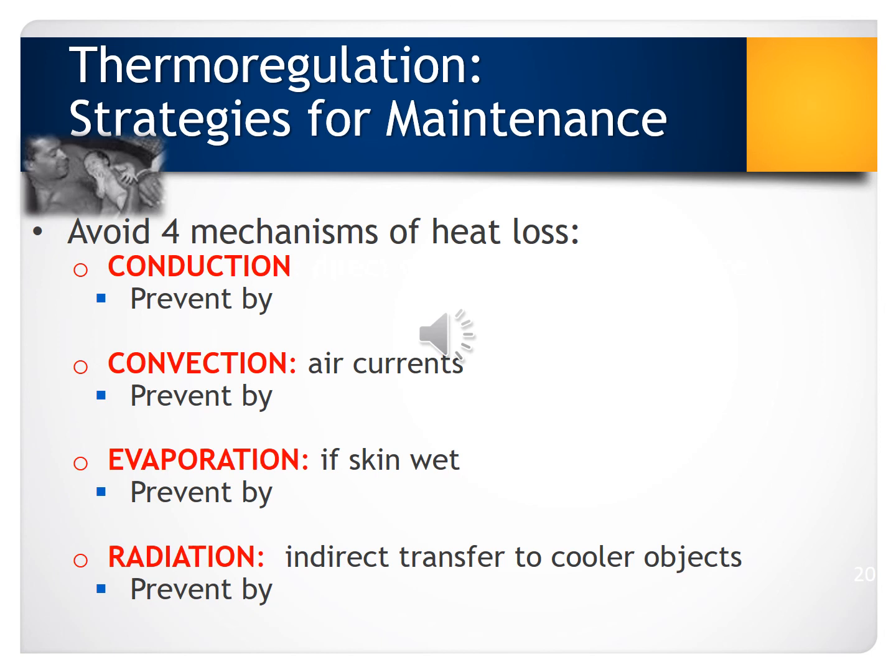Heat loss through convection, when the air is cool, it will pull heat from the newborn, and so we want to make sure that the room temperature is normal, and that we keep that in mind, because a woman who is in labor or going through the 2nd stage of labor may be hot, and so we may turn down the temperature.